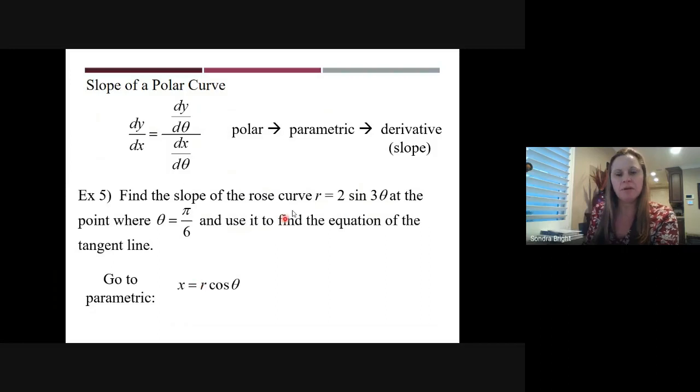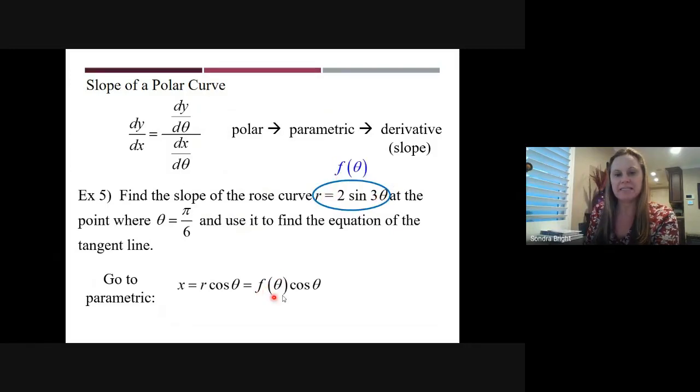But then remember at the end of yesterday's lesson, I said r is going to be given to you as some function of theta. This is f of theta. So we replace r with f of theta, and it's 2 sine of 3 theta.